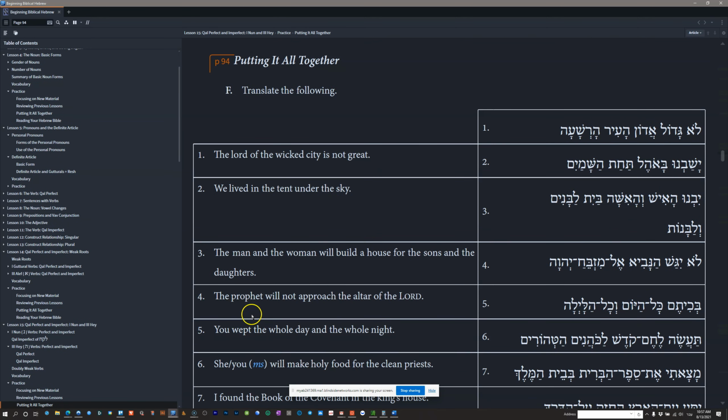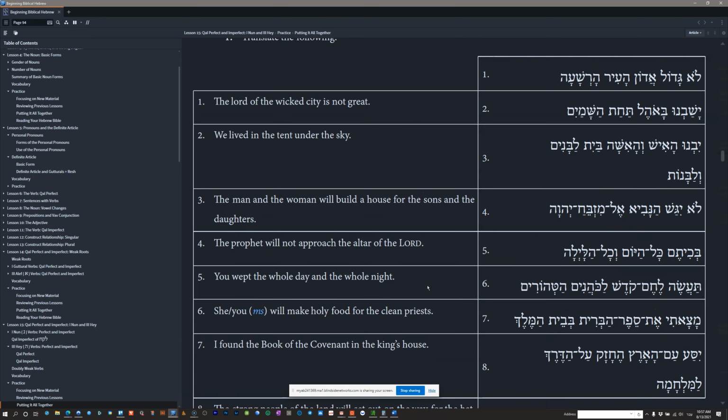Looking at F, we're just going to do the longest translation here, which looks like number 8. So: Yisa am haaretz he chazak al haderek la milchama. First word, I'm just going to expect this to be a verb. If this is a verb, I have to figure out how many letters Hebrew verbs are supposed to have. 3. I have 3.